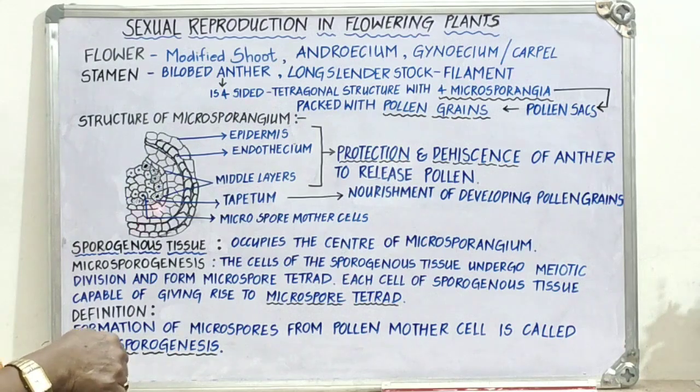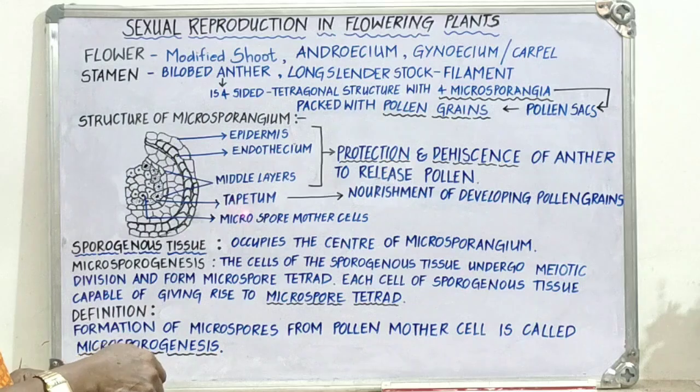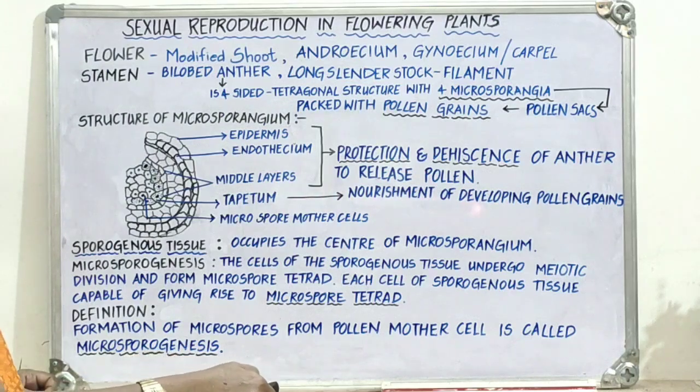Now, the innermost layer is tapetum. Here, this tapetum helps in the nourishment of developing pollen grains. So this is a very, very important competitive bit.